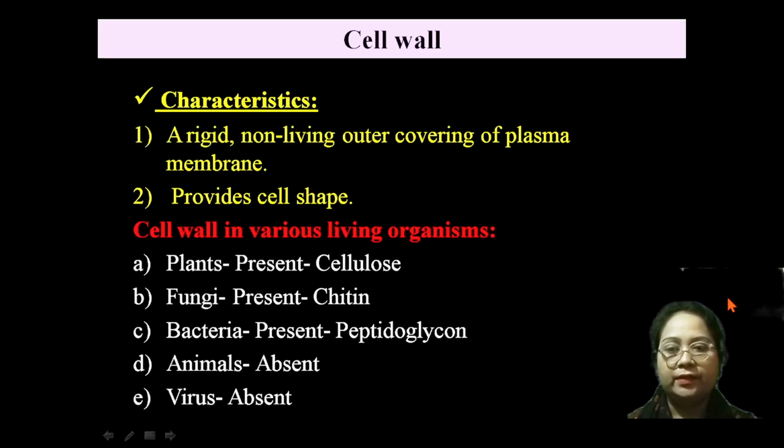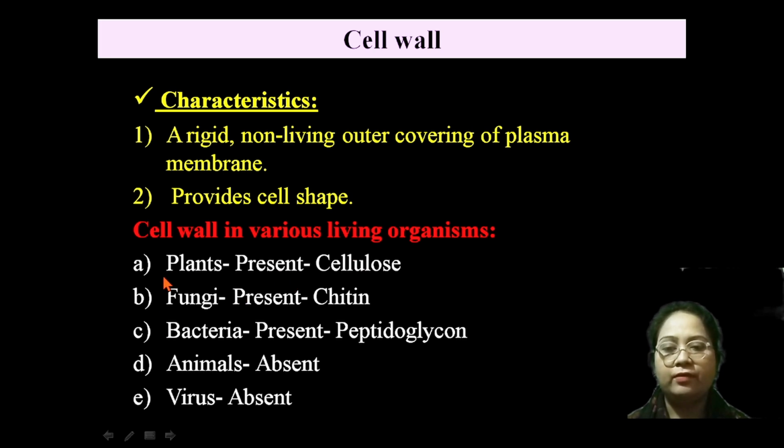Then there is a list of organisms which have or do not have a cell wall, and if they have a cell wall, what type of cell wall they consist of. Plants have a cell wall, as we already know, made up of cellulose.